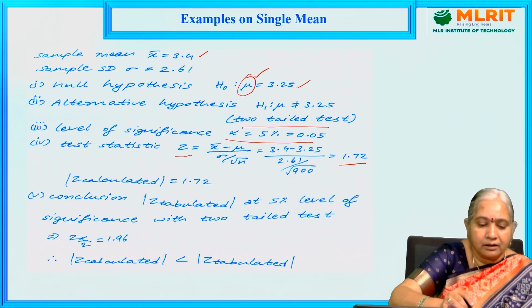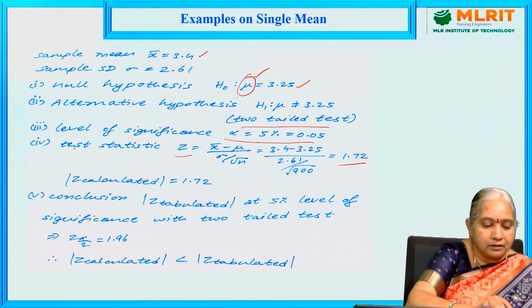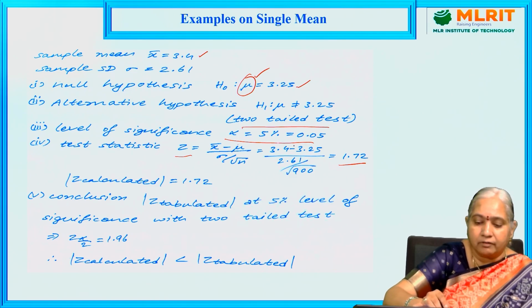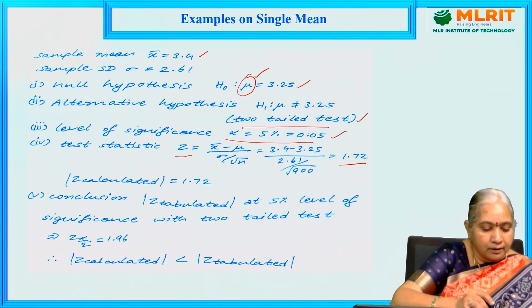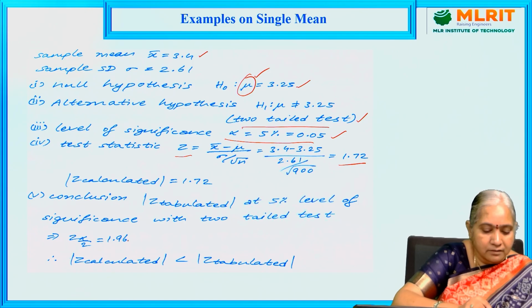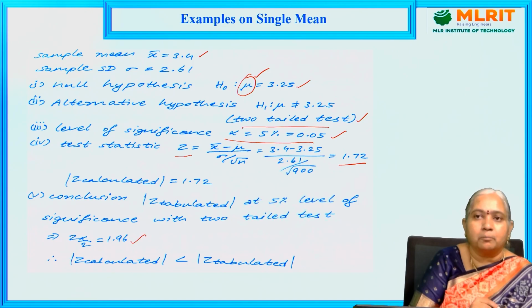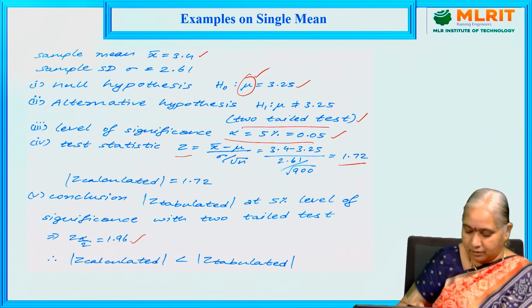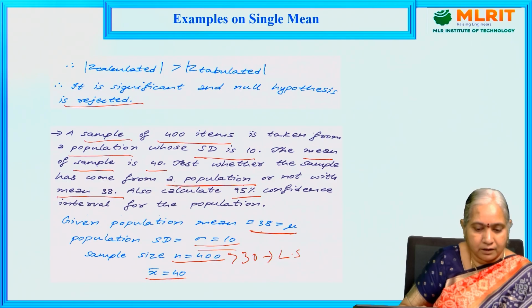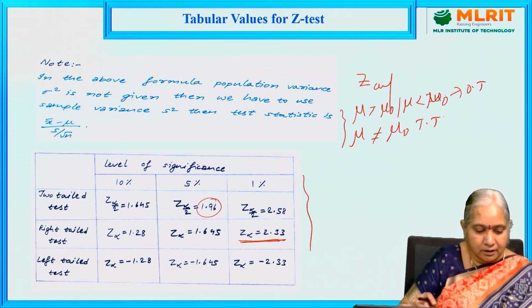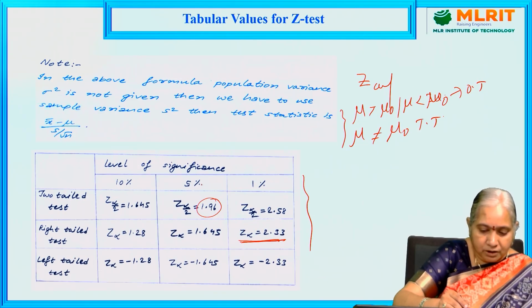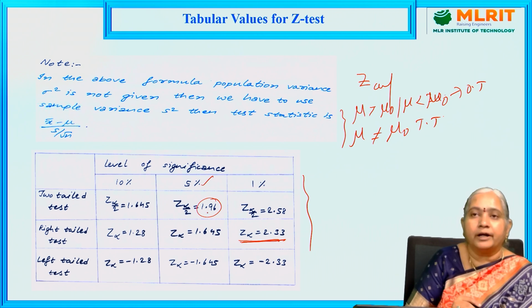Here we have taken the level of significance alpha equal to 5% and the alternative hypothesis is a two-tailed test. Based on these two, the tabular value is Z alpha by 2 equal to 1.96. Already we have seen in the tabular values that 5% alpha level and two-tailed test gives 1.96.